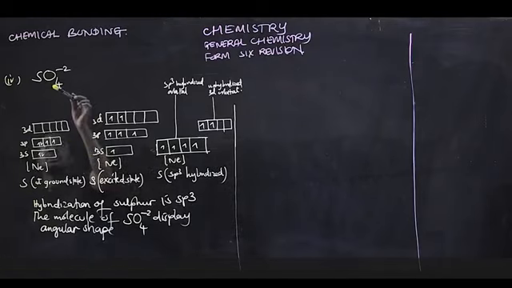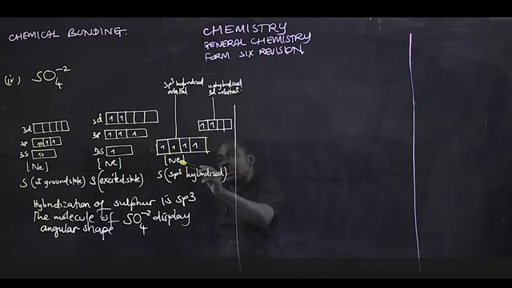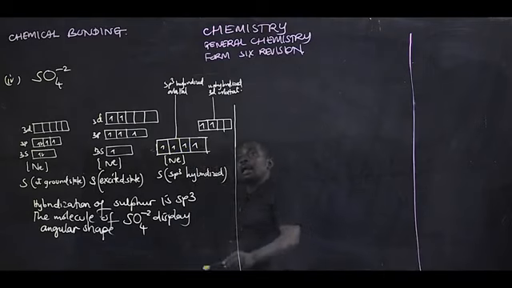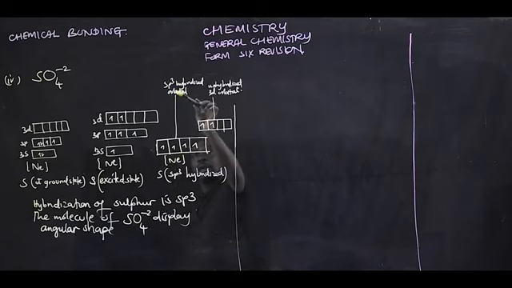Once combined, sulfur brings 6 unpaired electrons, but among these 6, 4 unpaired electrons of sulfur are involved in the formation of sigma bonds, and the other 2 unpaired electrons are involved in the formation of pi bonds. The 4 electrons involved in the formation of sigma bonds are considered to be hybridized, and the 2 which are not yet used are not considered to be hybridized.